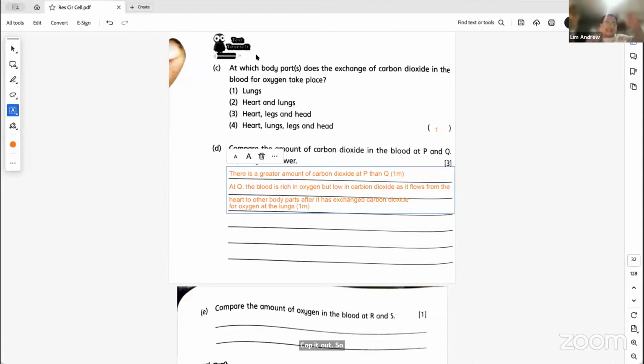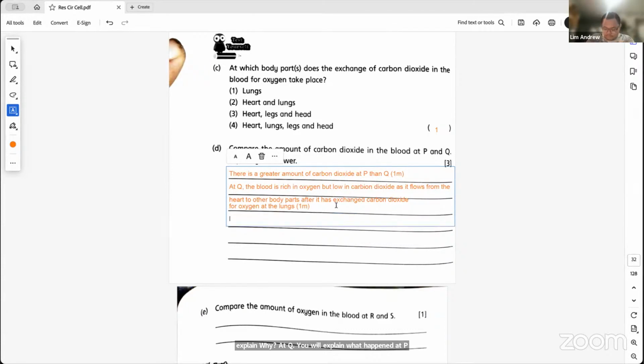So because the carbon dioxide was already exchanged with oxygen in the lungs, the blood then flows to the other body parts. Therefore, Q is low in carbon dioxide. After you explain why at Q, you have to explain what happened at P.